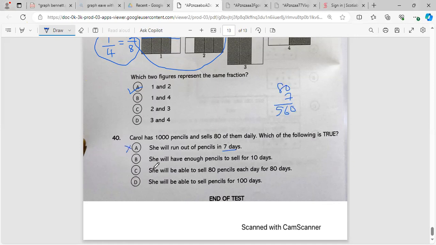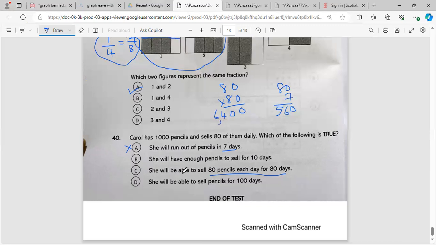For C, it says she'll be able to sell 80 pencils for 80 days. So 80 times 80 is a big number. It will be 6,400.